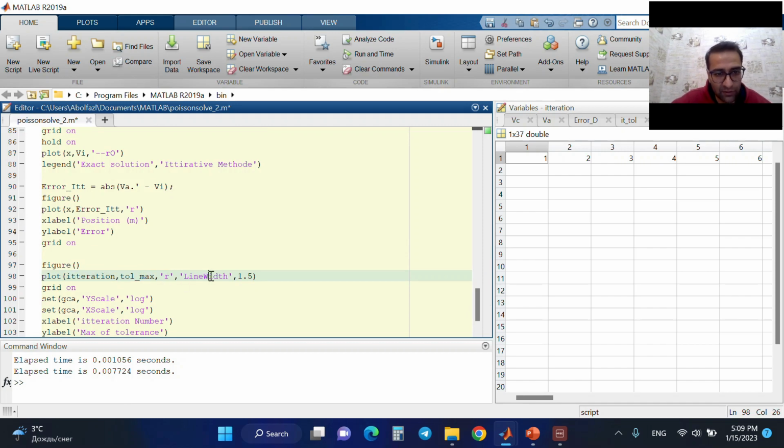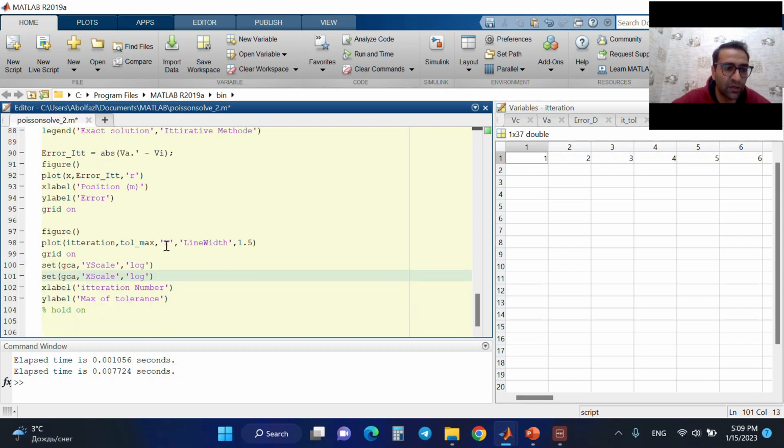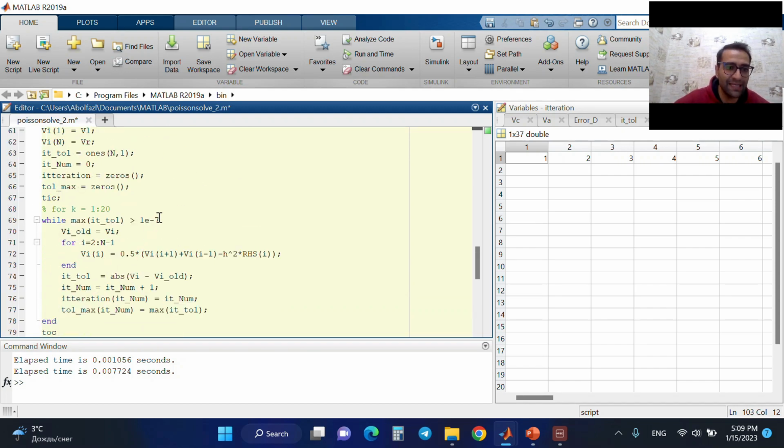Just with red, line width is 1.5, grid on, and I set the x and y values to a logarithmic scale by using this command, set gca, y scale, log, you see, and the x label is iteration number, and the y label is maximum of tolerance. Let's look at how it looks when I say stop this loop when the tolerance is less than 1e-7. F5.